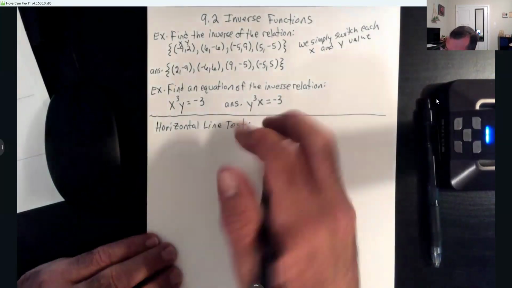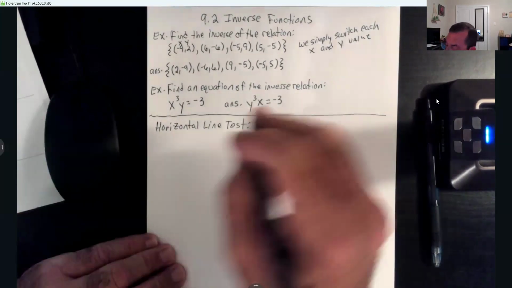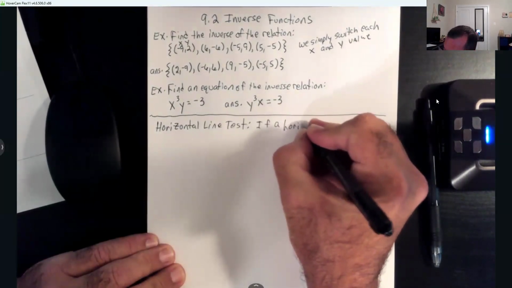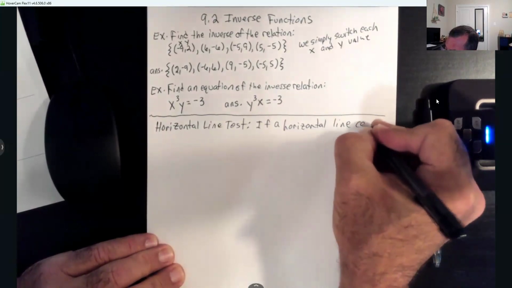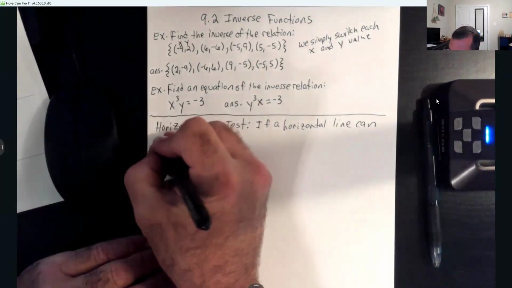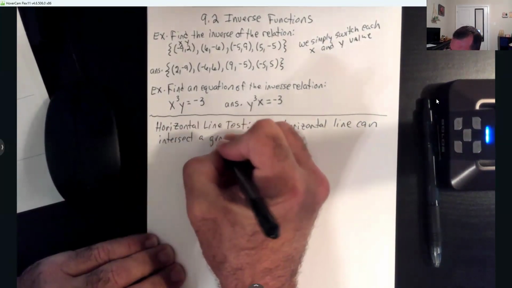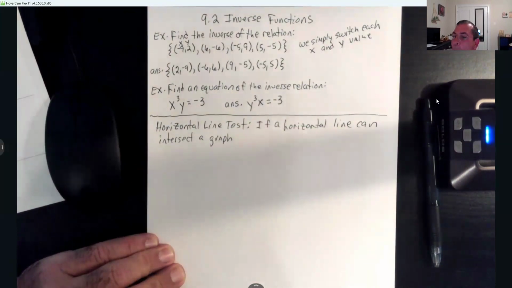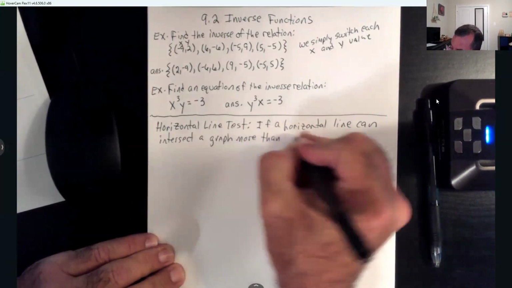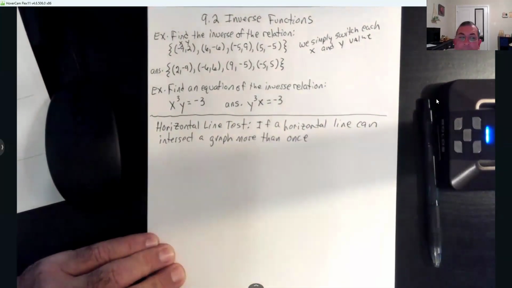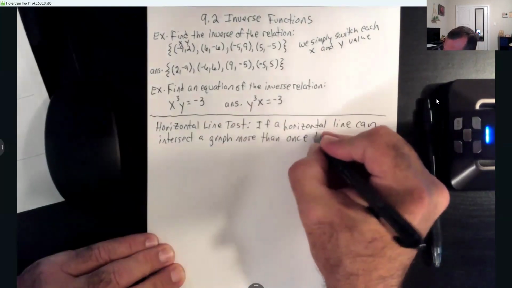Okay? So if a horizontal line can intersect a graph more than once, the graph is not one-to-one.